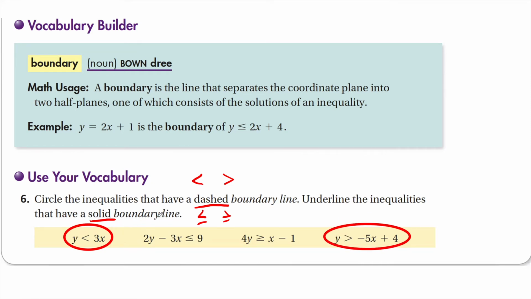And the two solid boundary lines will be underlined, so the two remaining in the middle, that 2y minus 3x is going to be less than or equal to 9. That is going to be a solid boundary line, again, because it has the equal to portion. And the last one, that 4y is going to be greater than or equal to x minus 1. That will also be a solid boundary line, again, because it has the equal to portion.